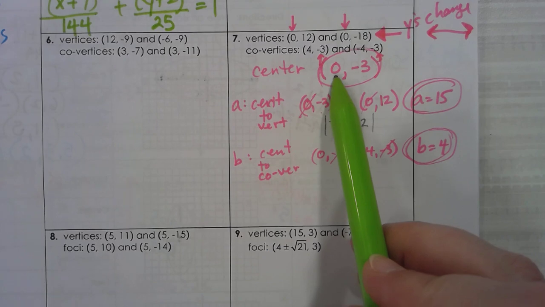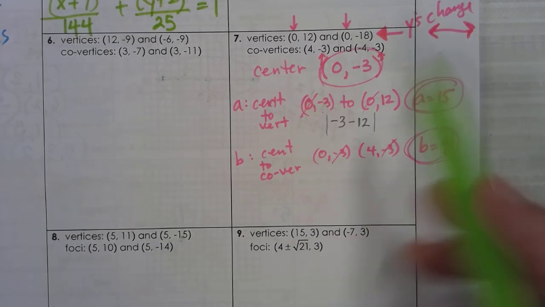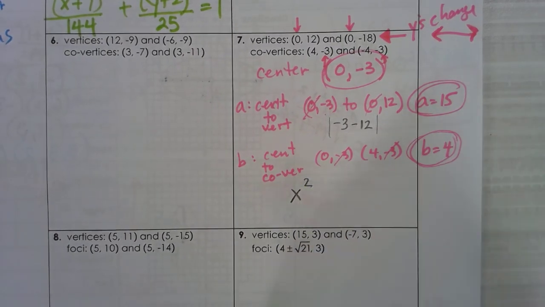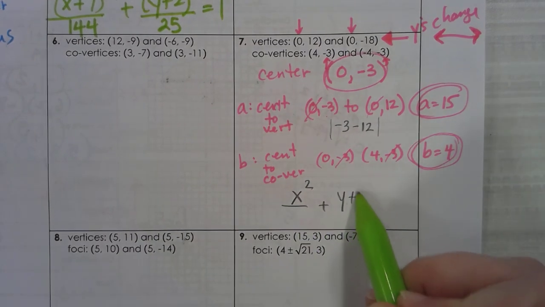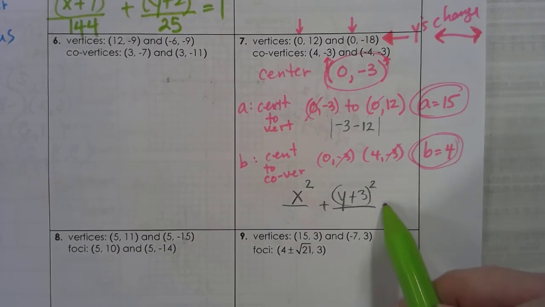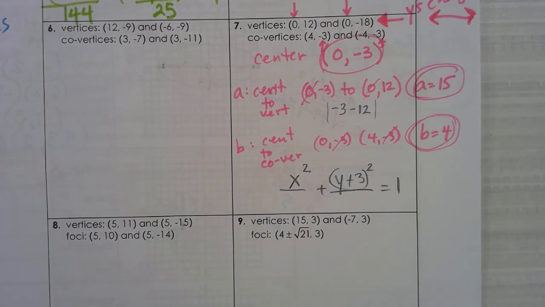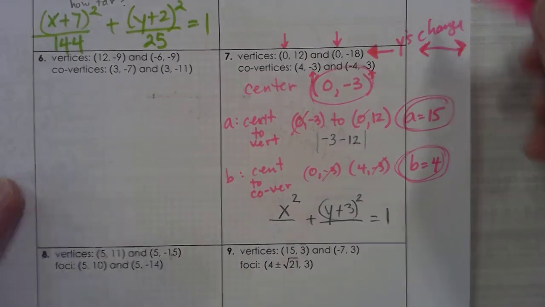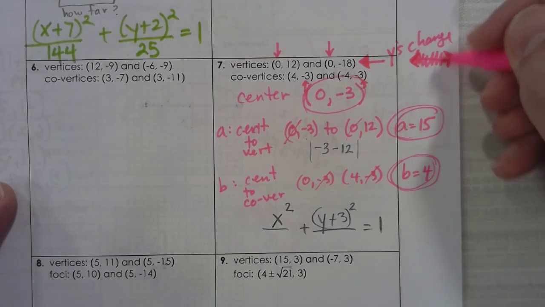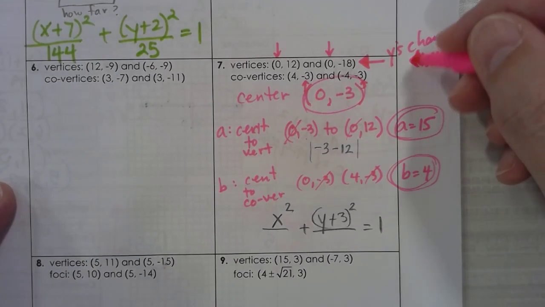So if the point is 0, you don't need to write x minus 0, so we're just going to have x squared over something, y plus 3 squared. Oh, I drew my arrow the wrong way. You said the y's changed. Nobody stopped me on that.